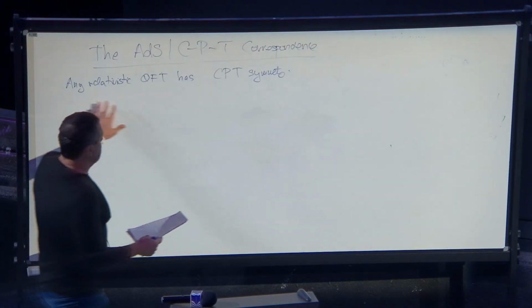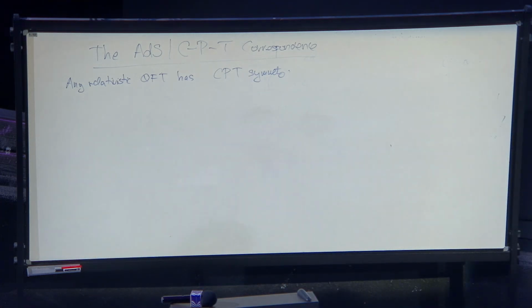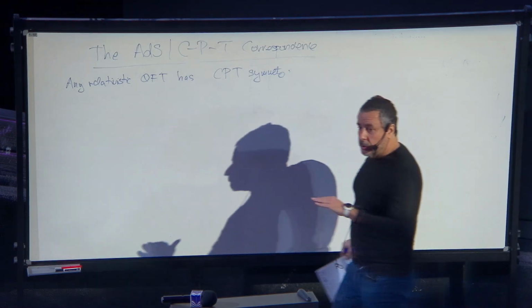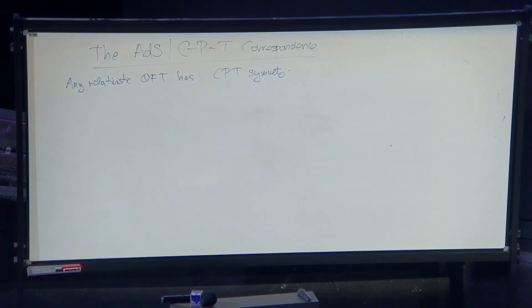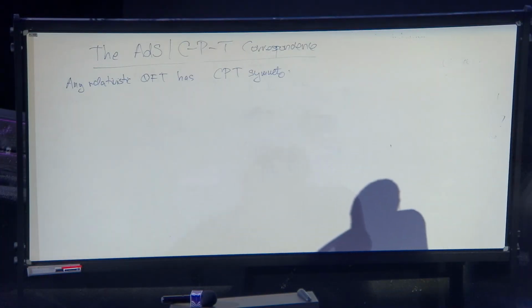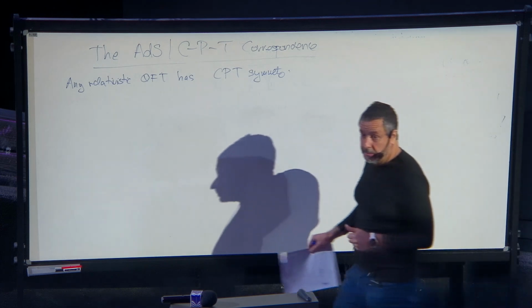Intuitively, the statement is that a CPT transformation is an antilinear transformation related to a Wick rotation of a pi rotation in a plane in Euclidean space. That's why, with a relativistic invariant theory and a Hamiltonian bounded from below, you can Wick rotate. Any theory that has relativistic symmetry will have a CPT symmetry.